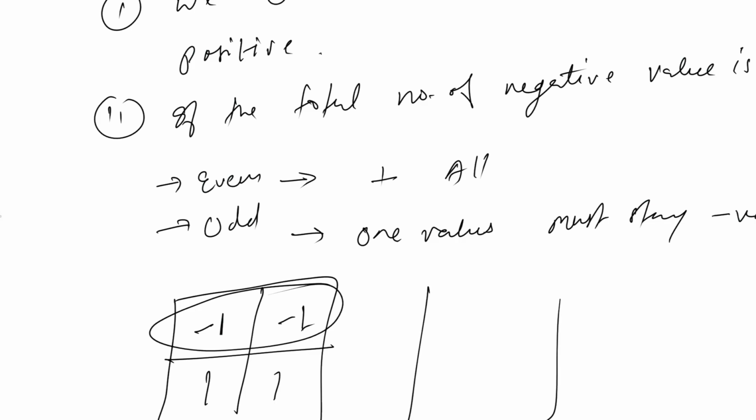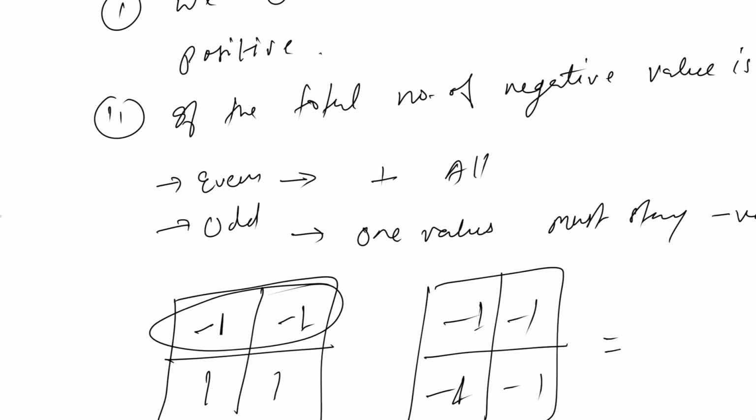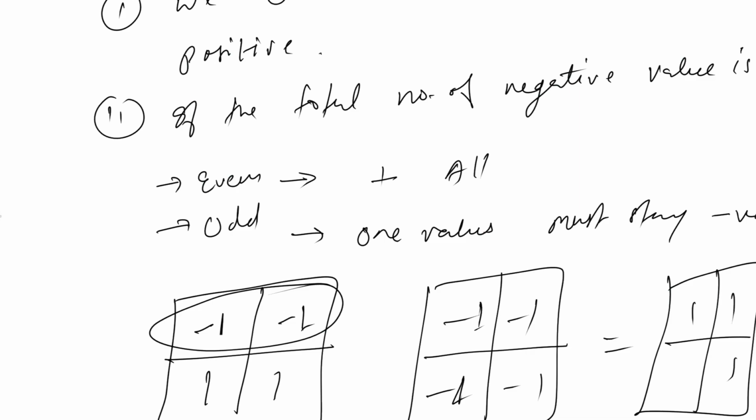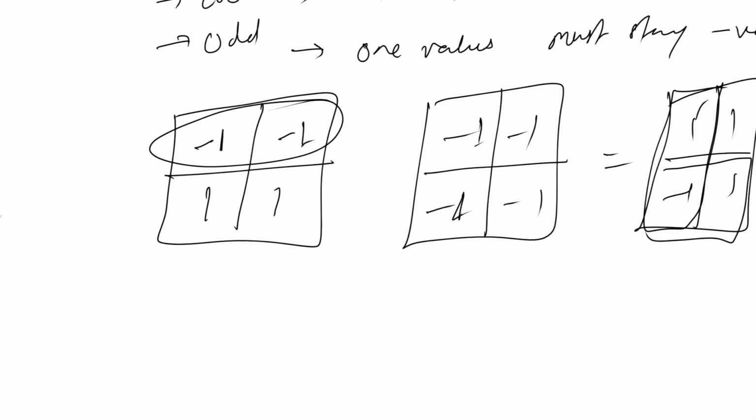Let's suppose another case, if all are negative, in this case all become positive after multiplying. If only one is negative, 1 1 1 -1, this is odd. So if you multiply any of these, it will be odd, one value must stay negative. This is the thing we have to understand.